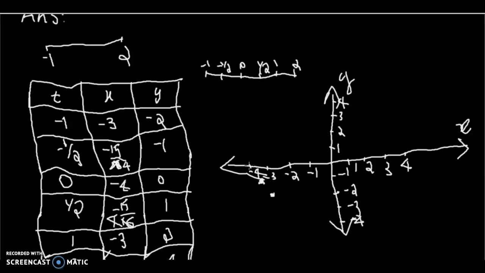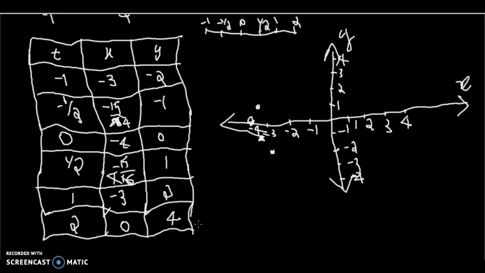Next is minus 4, 0. Then 1 by 2 with minus 15 by 4. Next is 1, minus 3, 2.